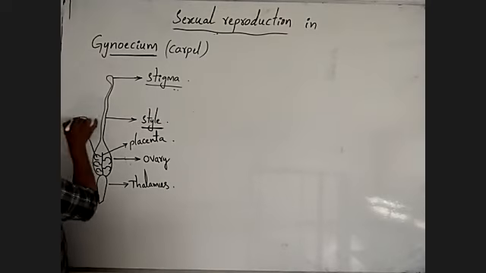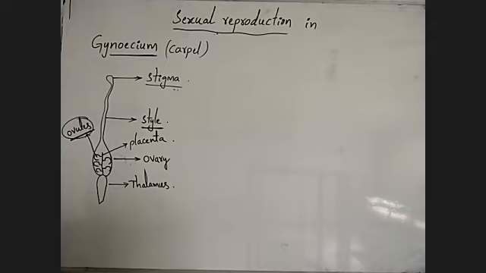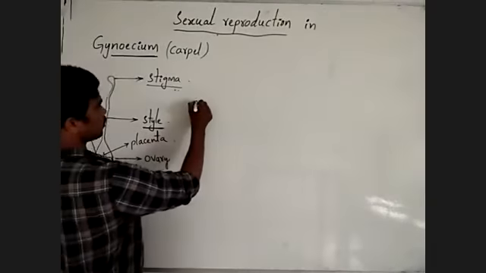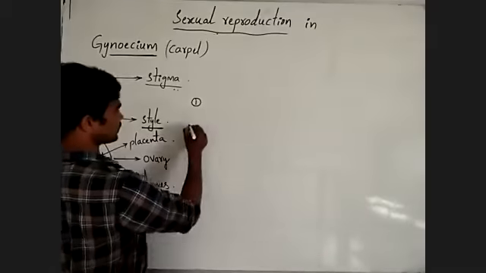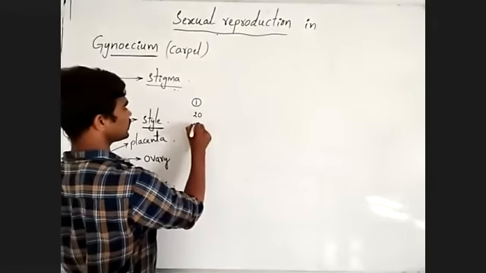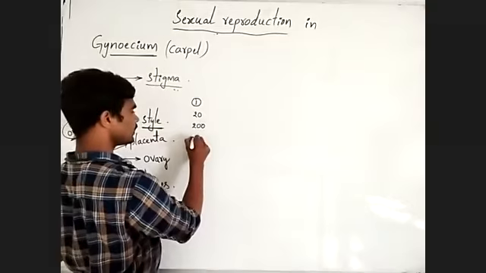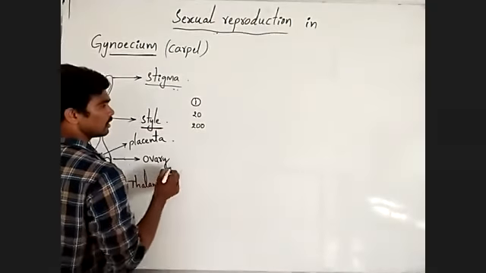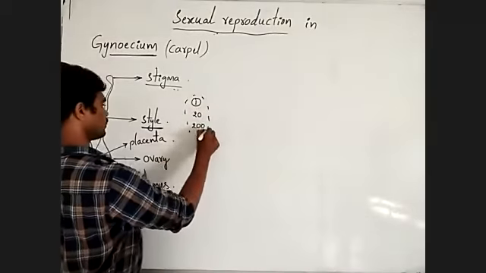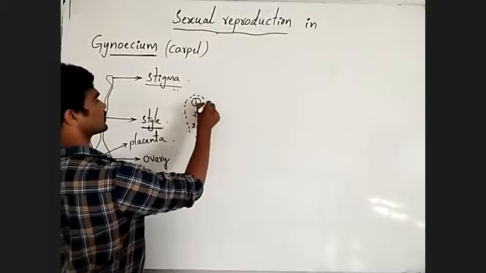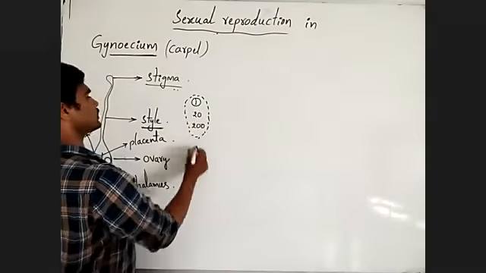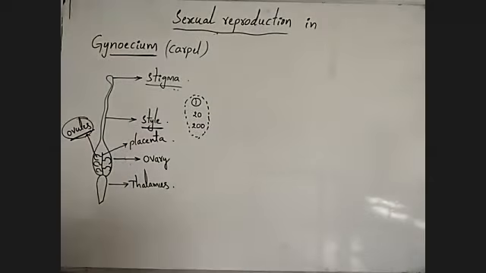How many ovules are present in an ovary? The number of ovules varies from species to species. In some species, only one ovule is present, in some 20, in some 200, like this.